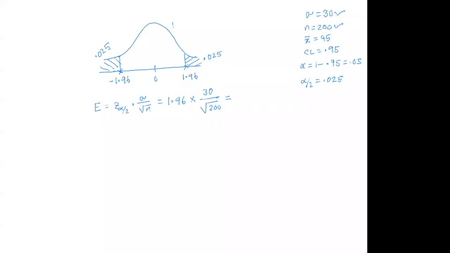And if I do the math, what do I get? 30 times 1.96 divided by square root of 200 is 4.15. If I round it, it comes out to be 4.16. So your margin of error is 4.16.